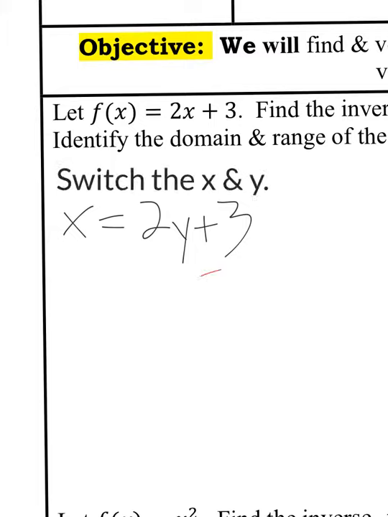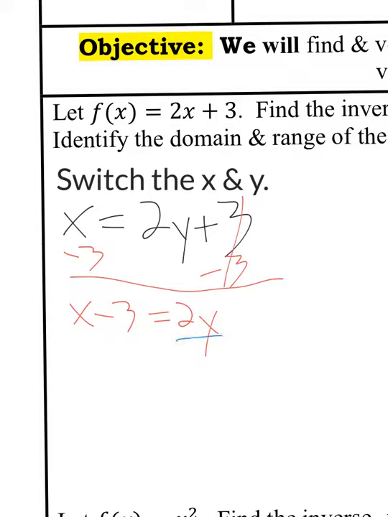At this point, we're just going to solve for y, so I'm going to minus 3 to the other side. x minus 3 equals 2y, so now I'm going to divide by 2. So x over 2 I'm going to write as 1/2 x minus 3 over 2 equals y.